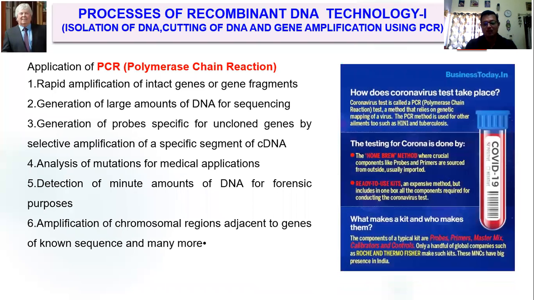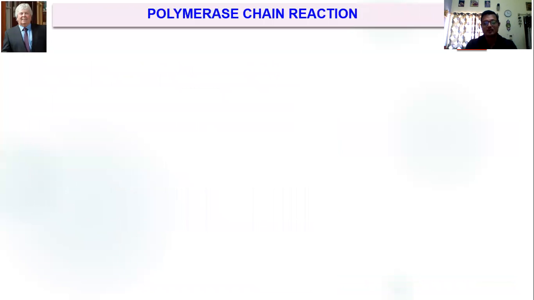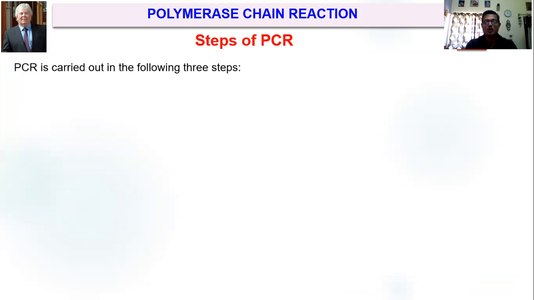Now we move on to the process, how PCR is carried out. In this, there are three prominent steps that are followed. First thing, for replication to take place, you need to have a template, and the template is provided from the parental DNA.